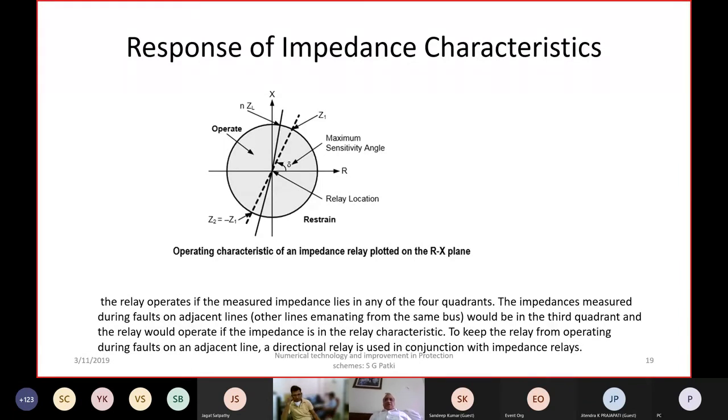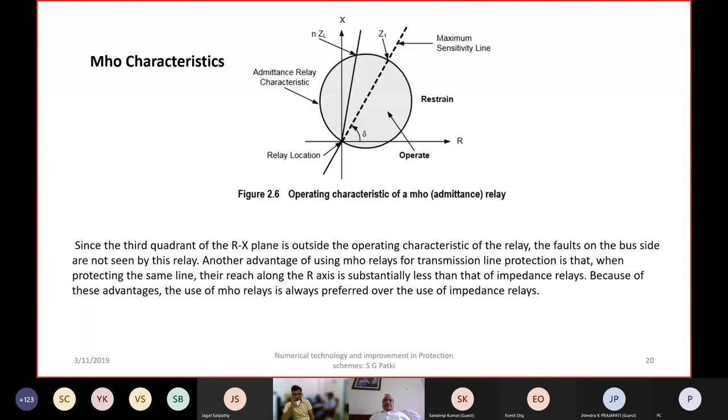So in order to overcome this deficiency of the circular characteristic, what is done is, in the characteristic, basically we shifted the circle towards the first quadrant. By shifting the circle to the first quadrant, we are now avoiding detection of faults in the fourth quadrant or in the second quadrant.